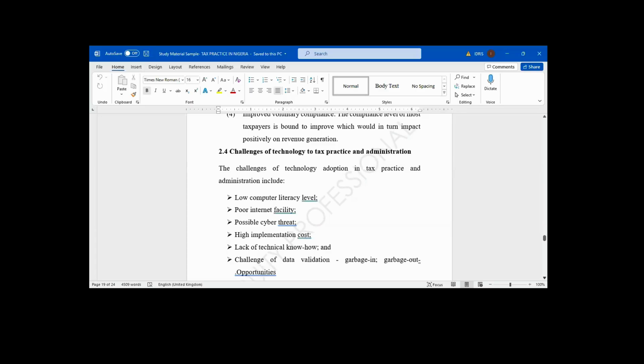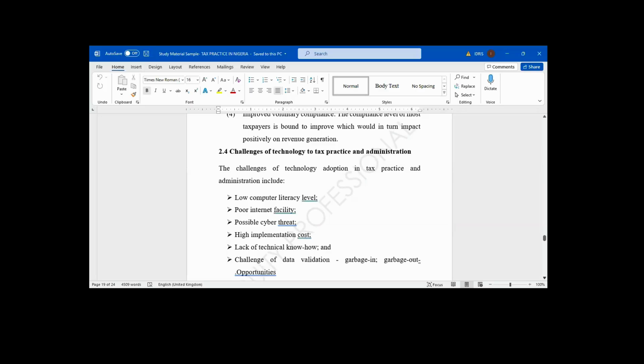Poor internet facility is also one of the challenges of technology to tax practice and administration. When you want to save information on the cloud, you have to have internet. When you want to use artificial intelligence, you have to have internet.